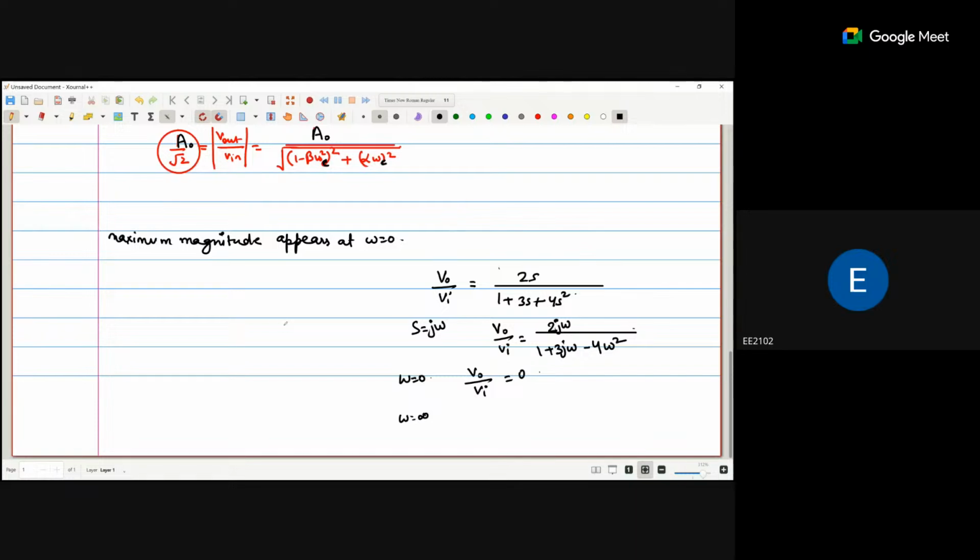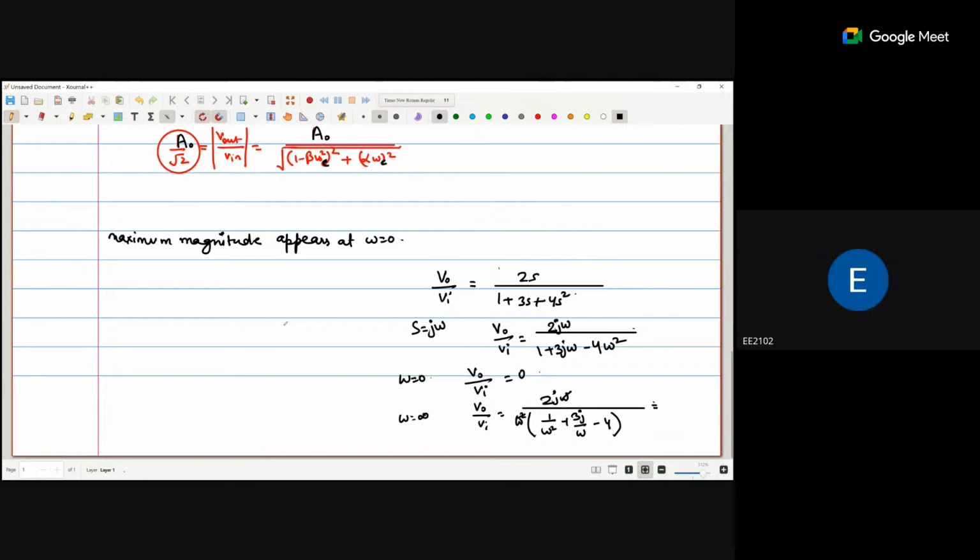We can't solve this easily, so for V naught upon Vi, I take omega square common. So 2 j omega upon, 1 by omega square minus 3 plus 3 j upon omega minus 4. Omega will be cancelled out with the omega.